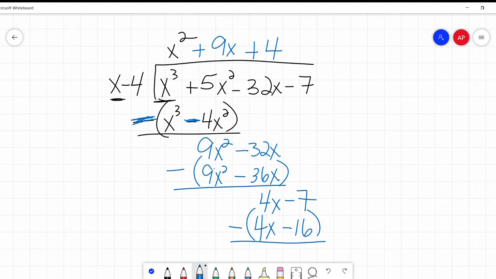Negative 7 minus a negative 16 is a positive 9. So my answer is x squared plus 9x plus 4 plus my remainder, which I write as the number I got over what I divided by, x minus 4.